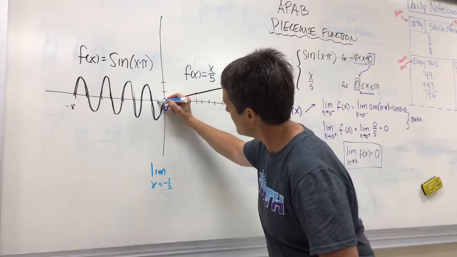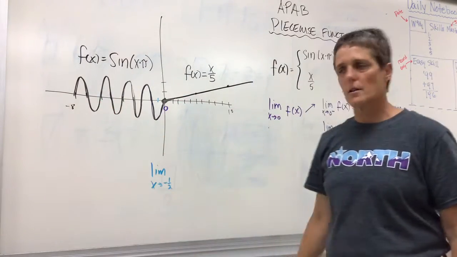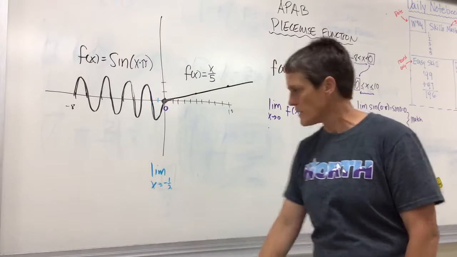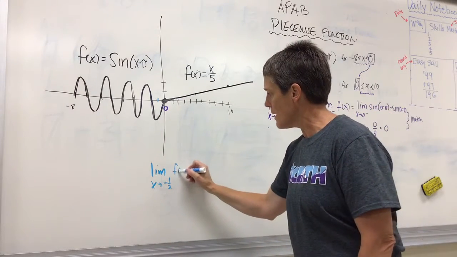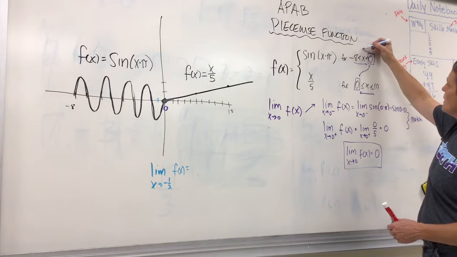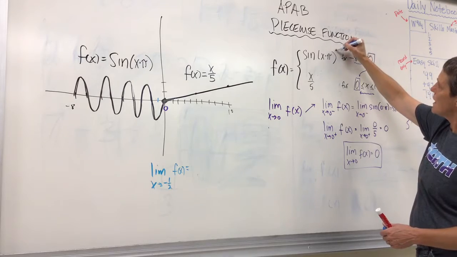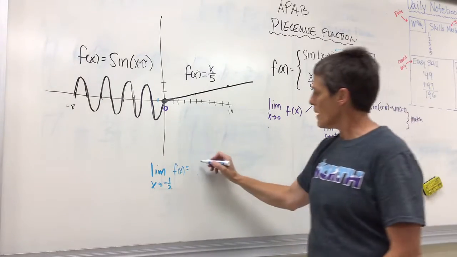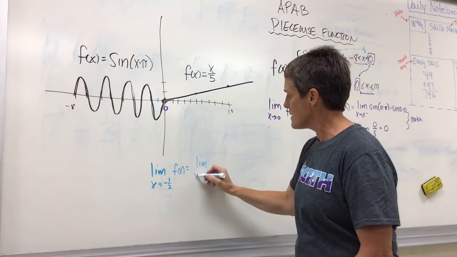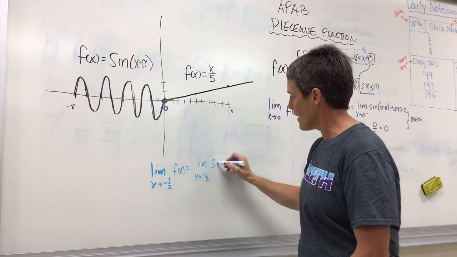Well, -1/2 is right here, and that is on the sine function. The line's got nothing to do with that. So we say, wait a minute, -1/2 is here. That means we are on the top function. So we want to know the limit as x approaches -1/2 of sine.